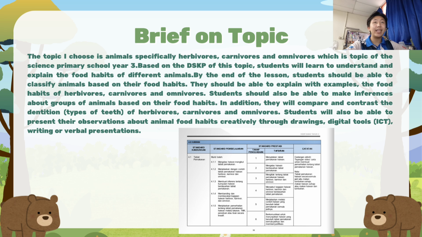By the end of the lesson, students should be able to classify animals based on their food habits. They should be able to explain with examples the food habits of herbivores, carnivores, and omnivores. Students should also be able to make inferences about groups of animals based on their food habits.